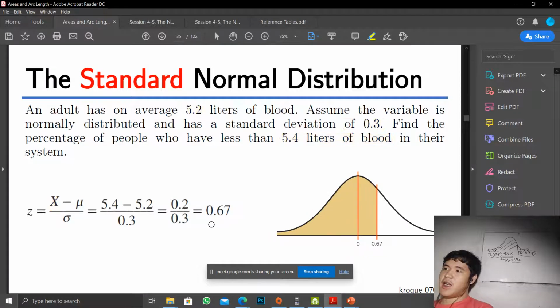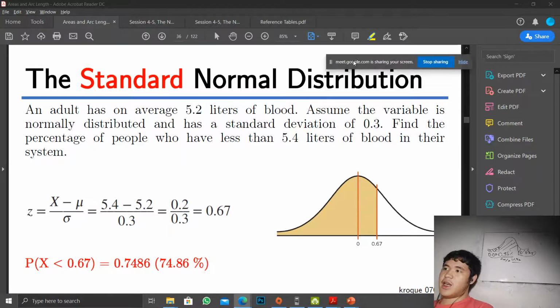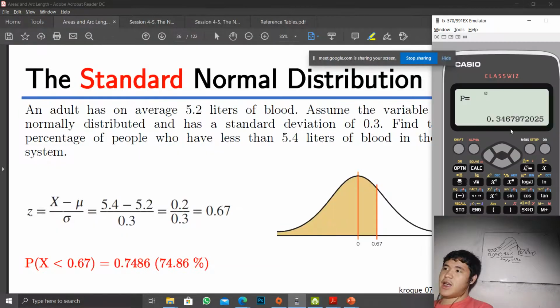Now, we have successfully transformed it into the standard normal distribution. Next, we get the probability. We can use the table I've showed you kanina, or we can just use this. Get that? So, normal CD, negative infinity to 0.67, we get this. Same answer. Or guys, I'll show you even a better technique.